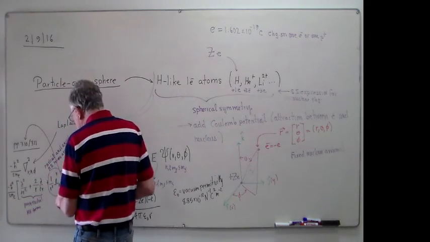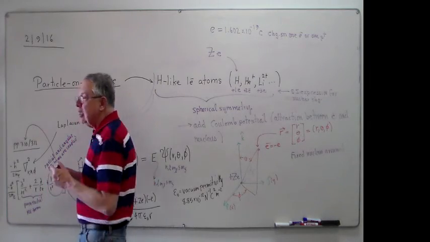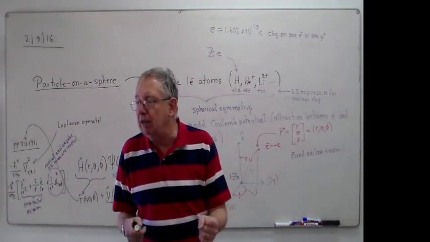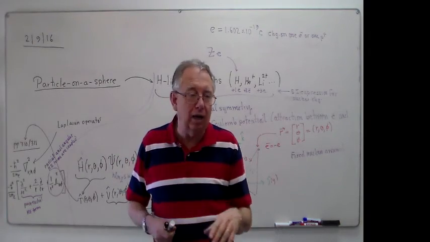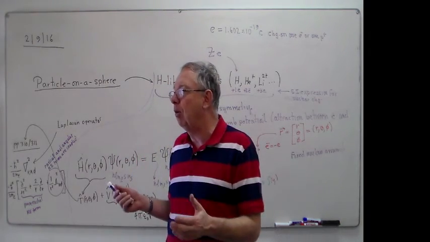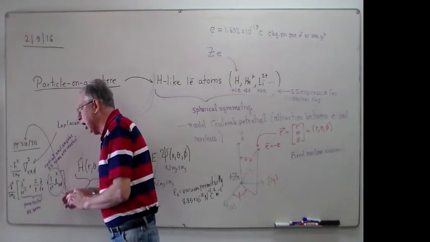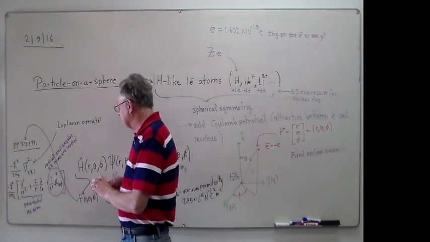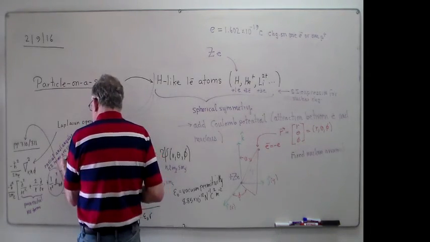Those are angular kinetic energy terms, but they're modulated by a radial piece. So the radial piece and the angular piece are intertwined in a certain way. And when I show you how they're intertwined, you'll say, oh, that's obvious. But right now I want to make you sweat a little bit in this barren wasteland we call quantum mechanics.